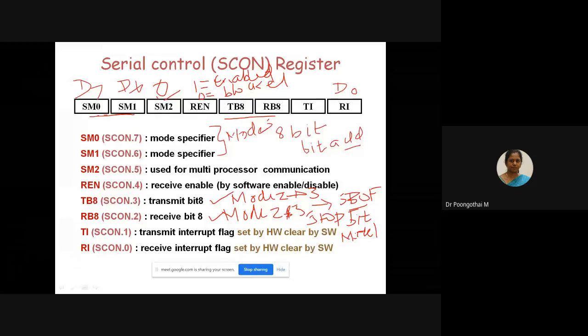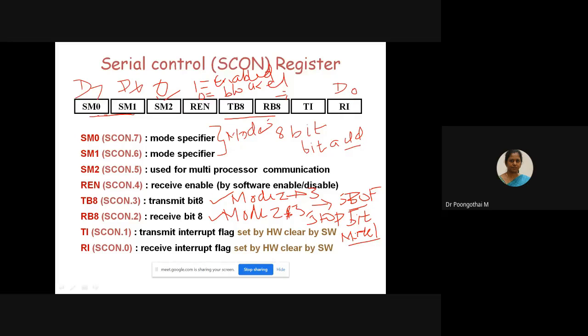Similarly, in receive, RB8 holds bit 8 of received data in modes 2 and 3, and it also holds the stop bit in mode 1. So these two bits are mainly used in 9-bit data transmission. In mode 1, RB8 will hold the stop bit.